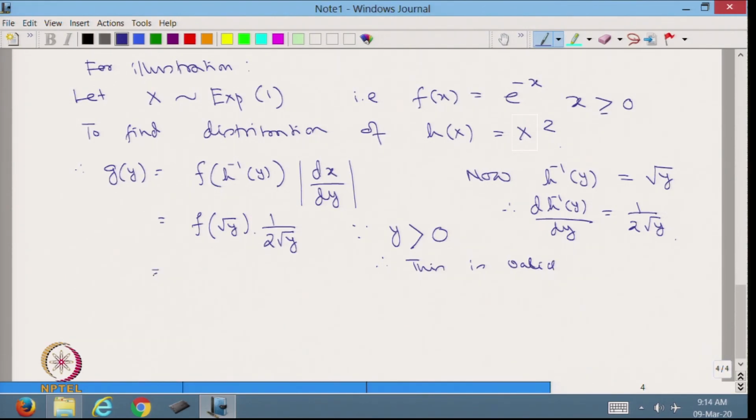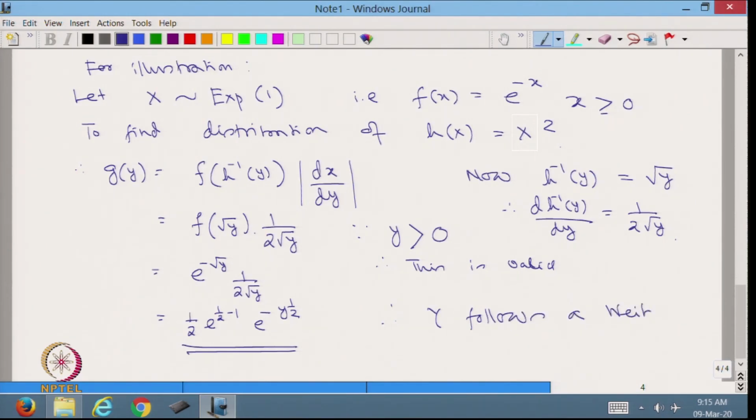It is equal to e to the power minus root over y times 1 upon 2 root over y, is equal to half y to the power half minus 1 into e to the power minus y to the power half. Do you remember this density function? Yes. Therefore, y follows a Weibull distribution.